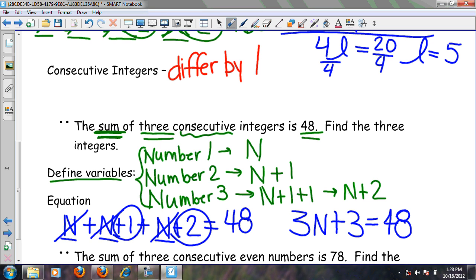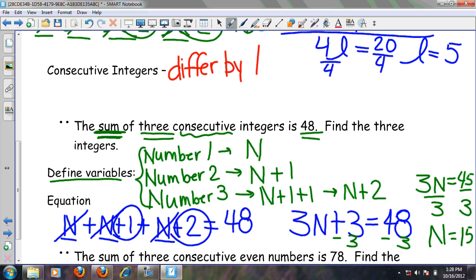Back to a simple 2-step equation. Subtract 3 from both sides. You got it, Cassidy. 3n equals 45. Divide by 3. Isaiah is becoming an expert. n equals 15.